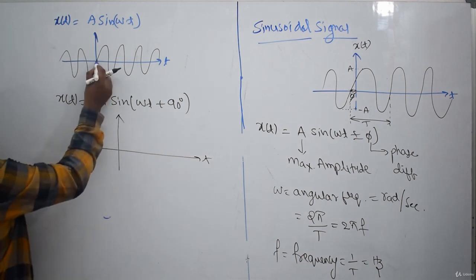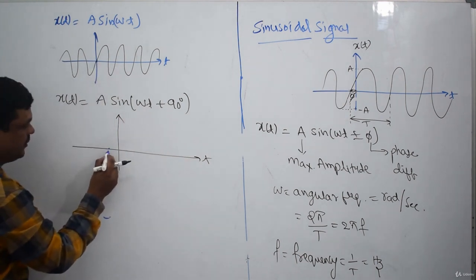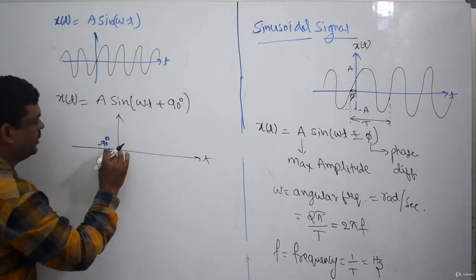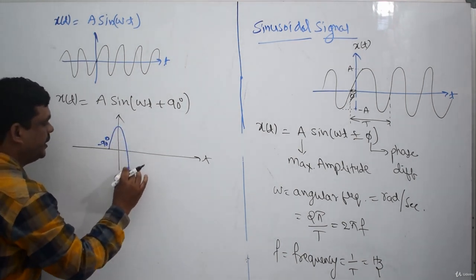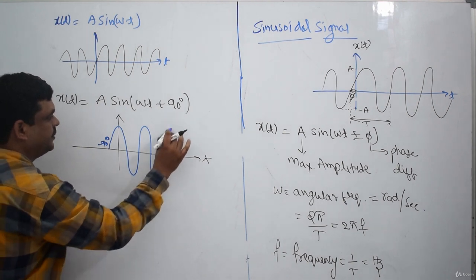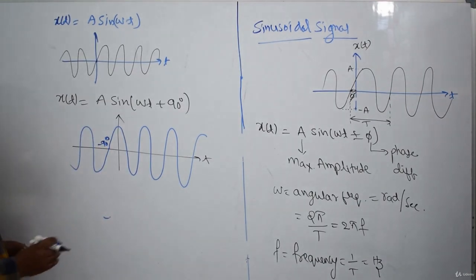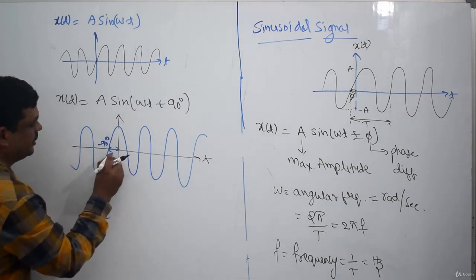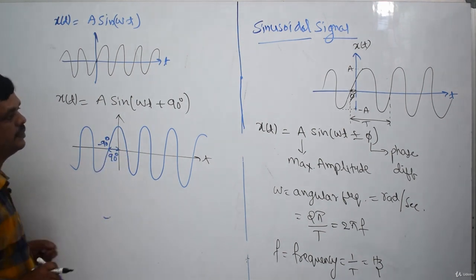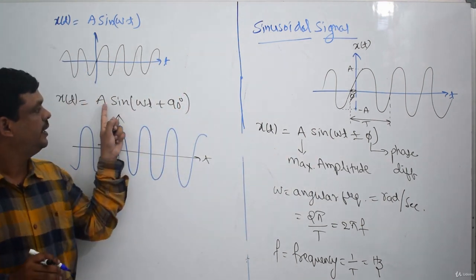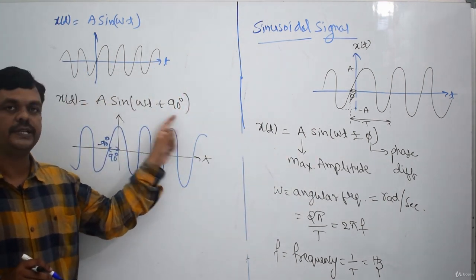Earlier it started from the origin, now it starts from minus 90 onwards, sinusoidally increasing and decreasing. So the 90 degree phase shift is there. So phi is equal to 90 degrees, and the equation is a sine omega t plus 90.